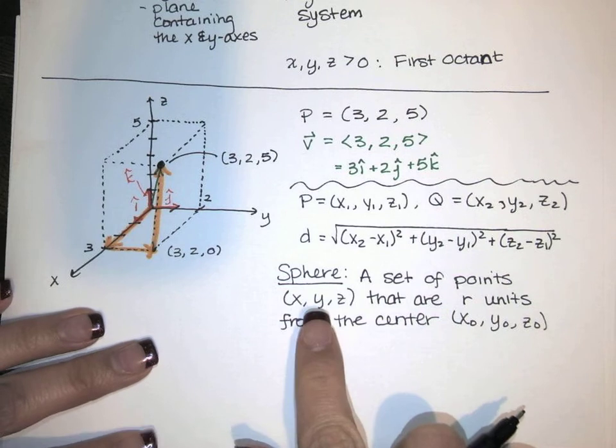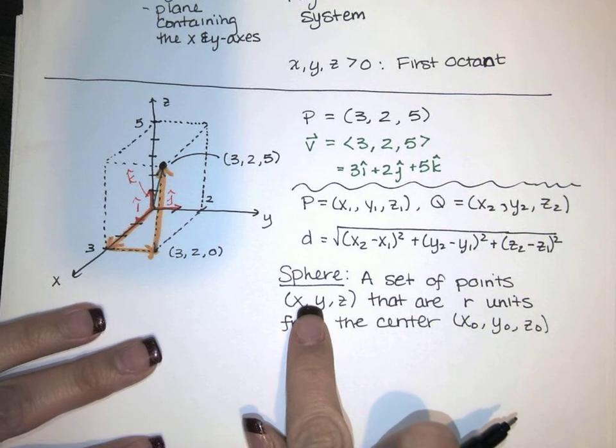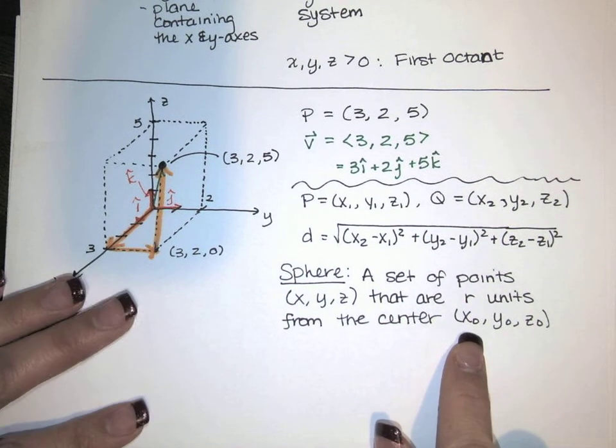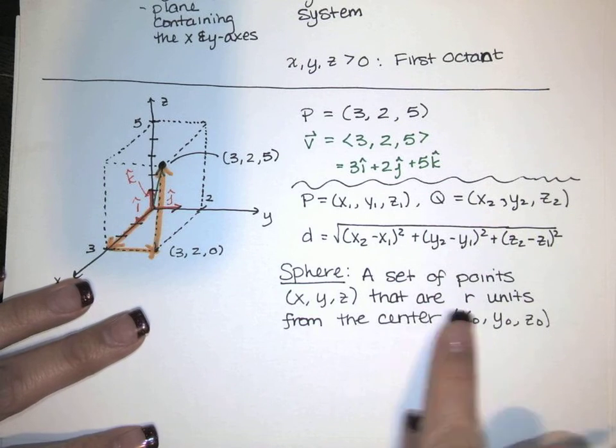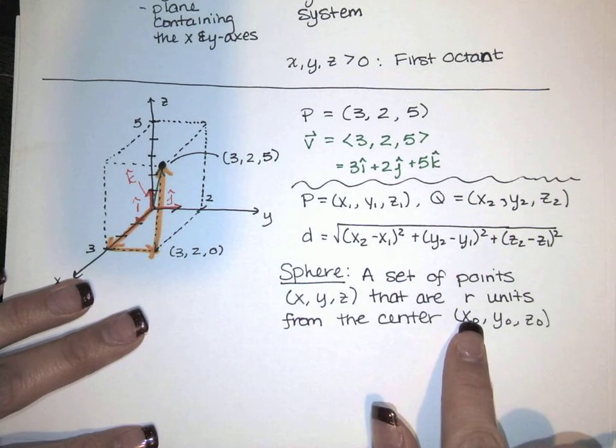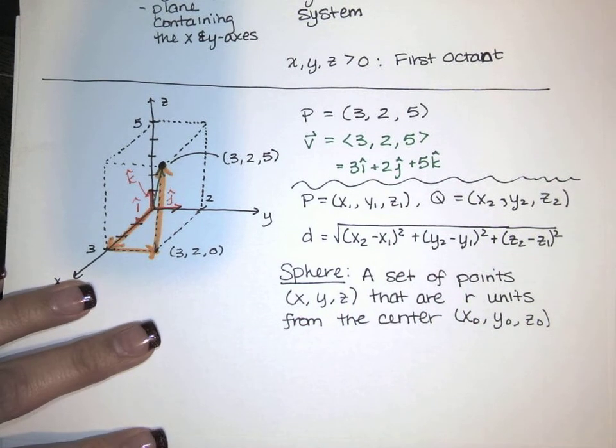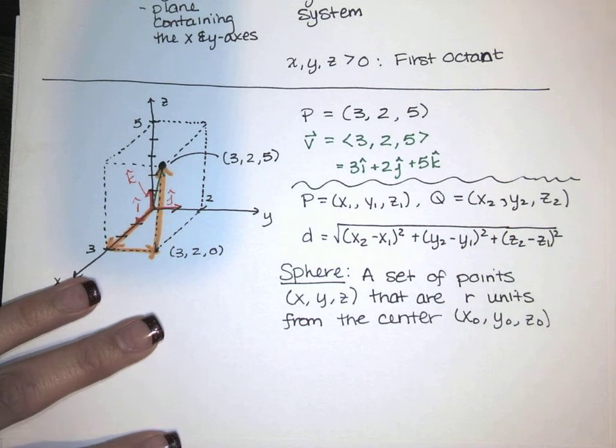So the distance between this general point in the sphere, x, y, z, and the center, x naught, y naught, z naught, is r. Well, I can use these as my p and my q in the distance formula up there, and I can come up with the equation of a sphere.